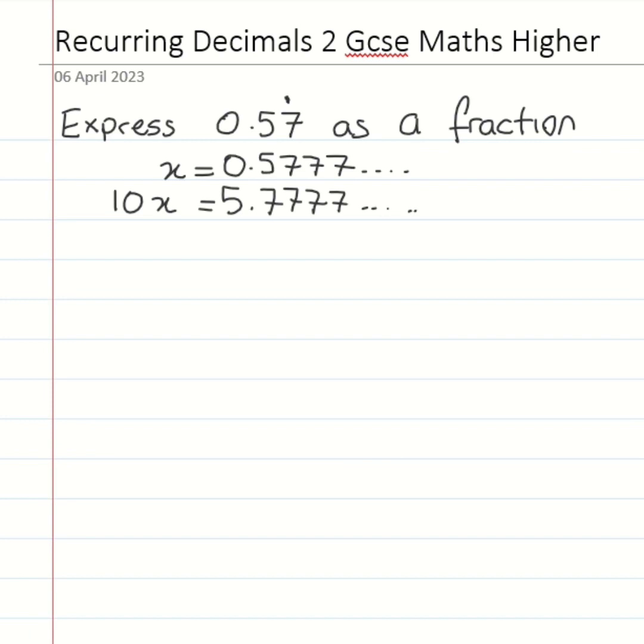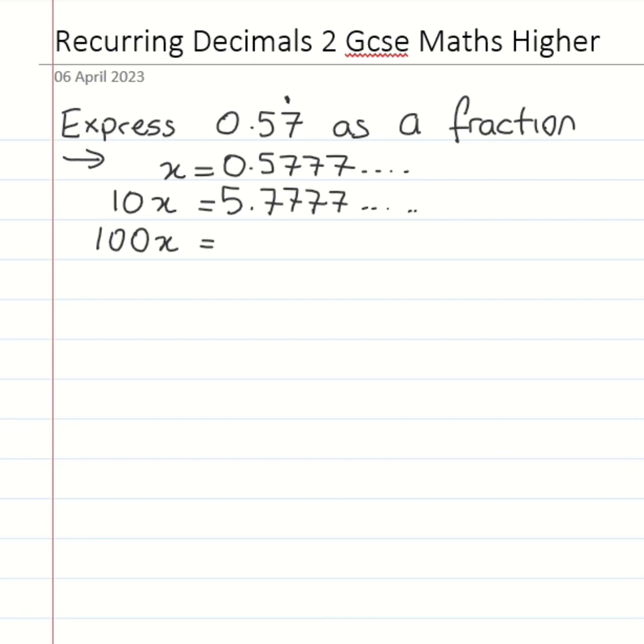Now here we have a problem. If we subtract this first line from the second line, then those decimal places would not cancel out. Remember, our aim is to get rid of the recurring part of the decimal so that we can express it as a fraction. So in this case, to solve this problem, I would find out what 100x is.